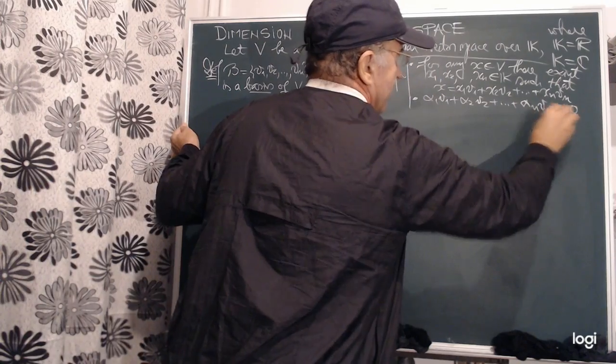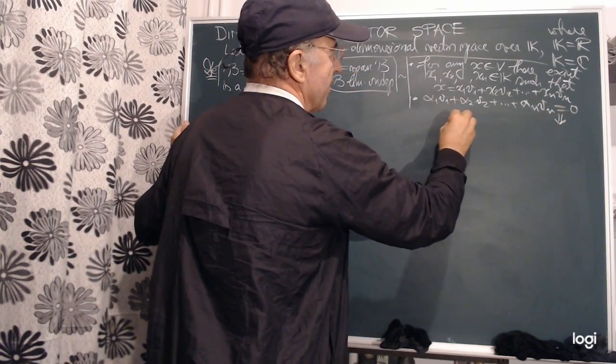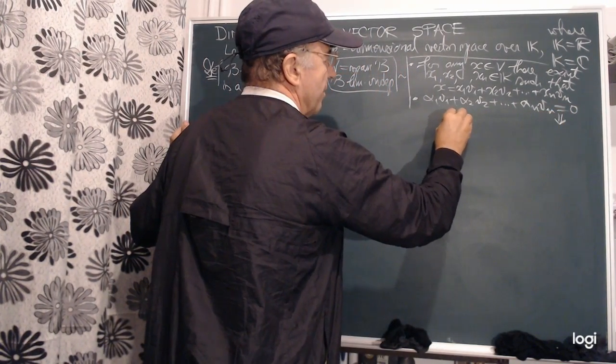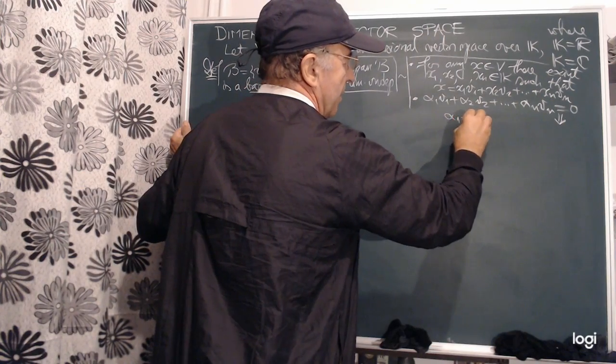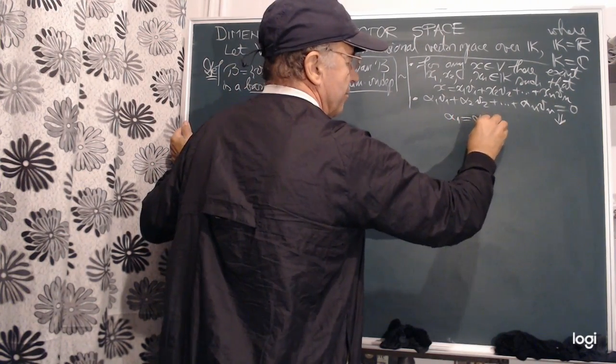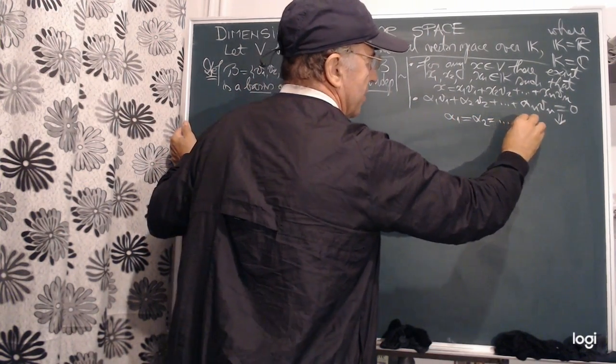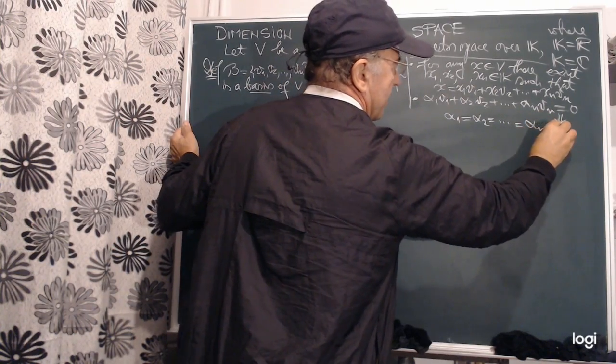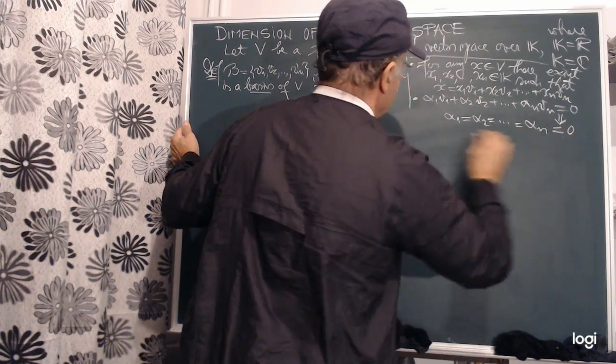From this, it follows that all the coefficients, alpha 1 equals alpha 2 equals so on equals alpha n, are zero.